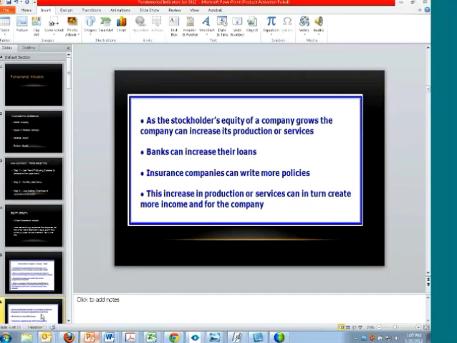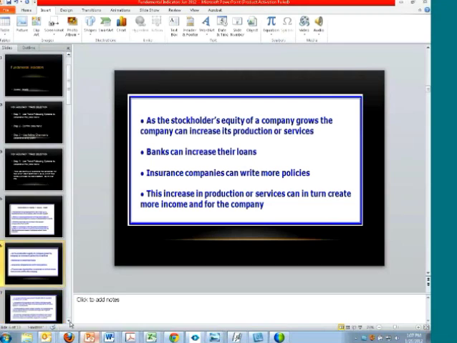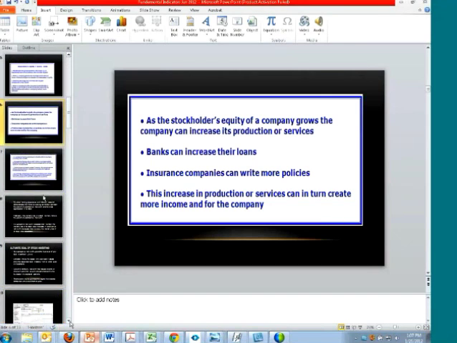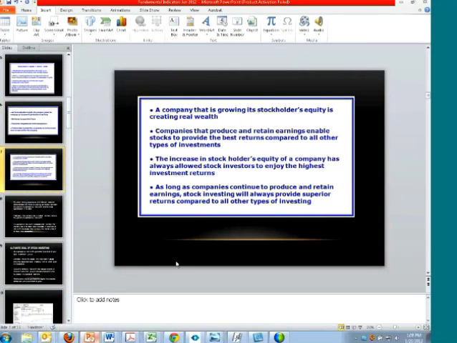So this increase in production or in services can in turn create more net income for the company. So a company that's growing its stockholders' equity is creating real wealth for the shareholders.